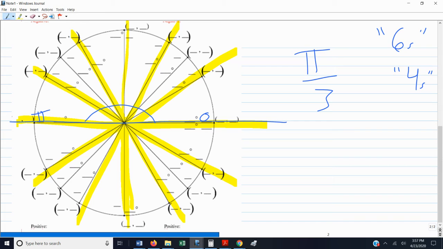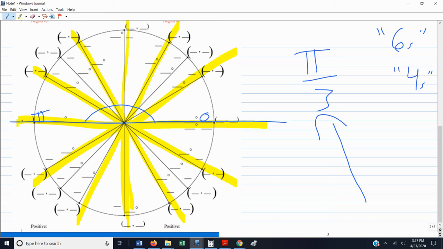I've asked this question a couple times: how many slices of pizza do you see from 0 to pi? And here you can see 6. So going around the unit circle by 6s, we wrote in 1 pi over 6, 2 pi over 6, 3 pi over 6, 4 pi over 6, and on and on. So going around by 6s is going to get us to that radian measure of pi over 3.